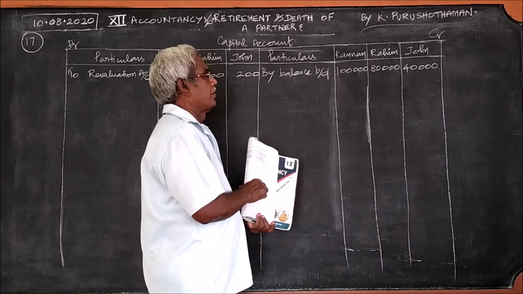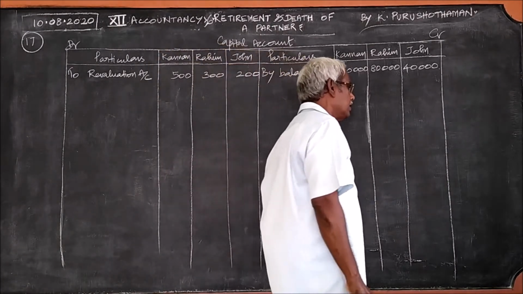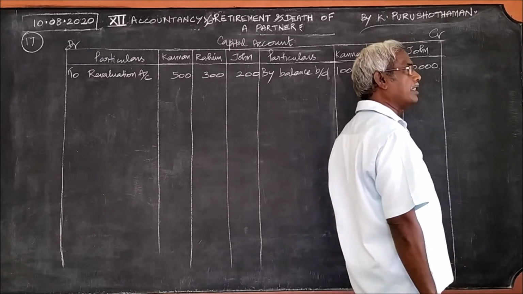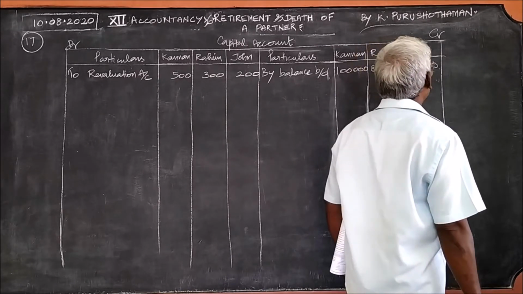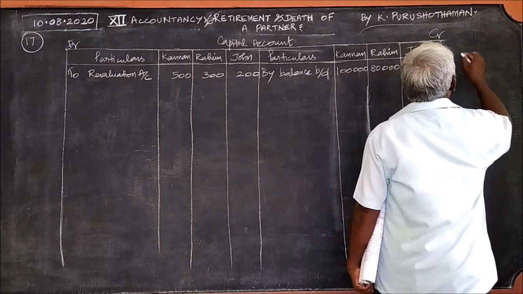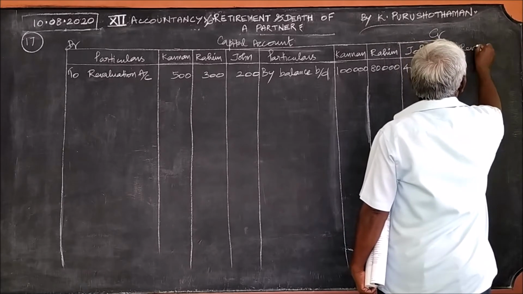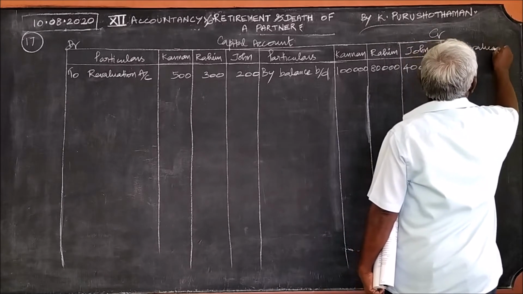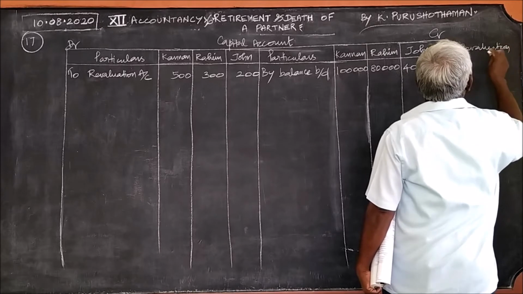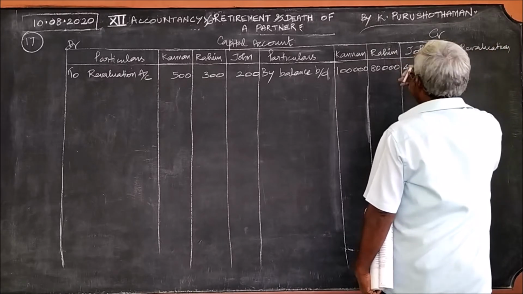After writing this, I told you there are some other items to be considered for the capital account. What are they? There are 6. Revaluation account, this we have written.